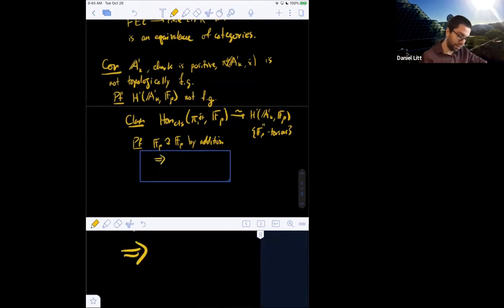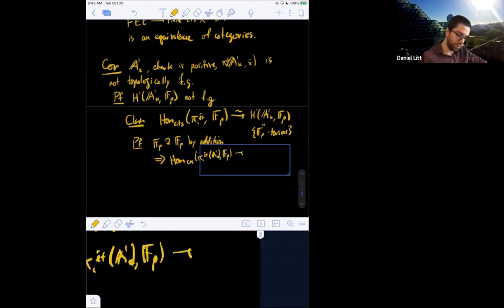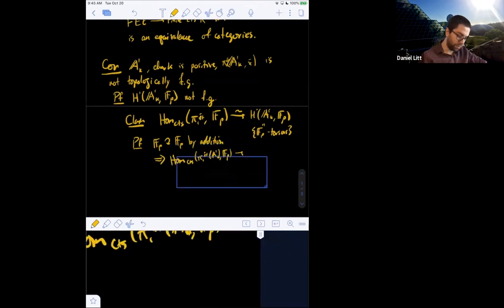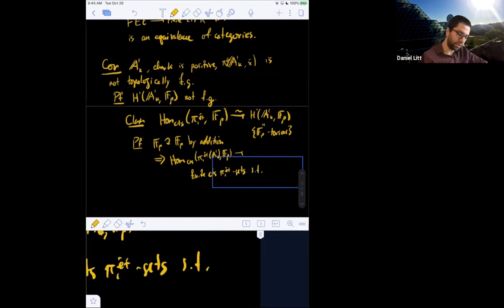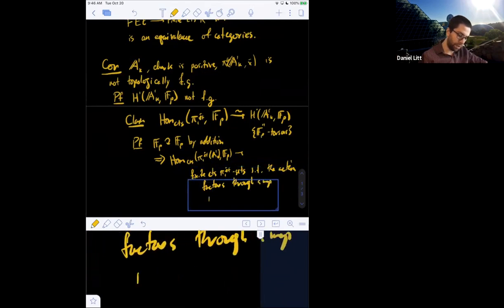And what this means is that there's a map from continuous pi1 étale of A1, or really this is true for any scheme, to finite continuous pi1 étale sets such that the action factors through a map pi1 étale of A1 over K to FP.